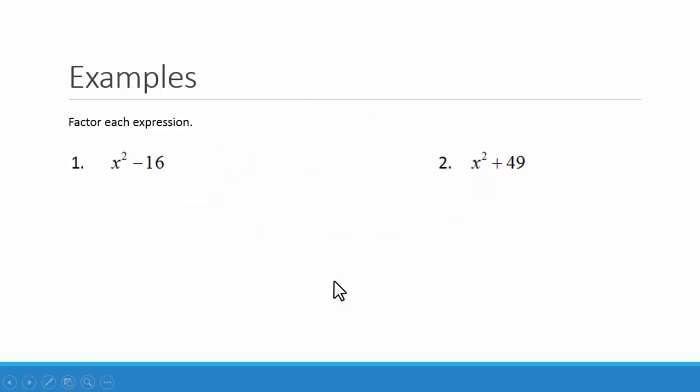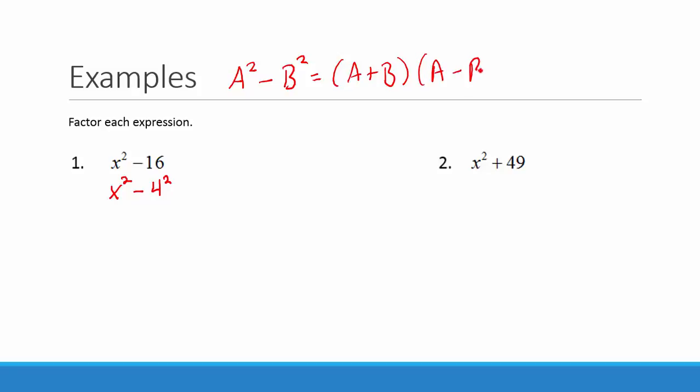Let's try some examples. In our first problem, we have x squared minus 16. 16 is a perfect square. 16 is equal to 4 squared. So remember our formula. I'll write it at the top. A squared minus b squared is equal to the quantity a plus b times the quantity a minus b.